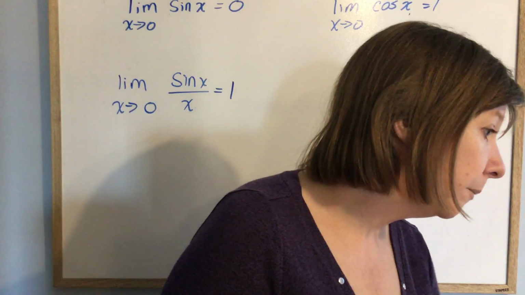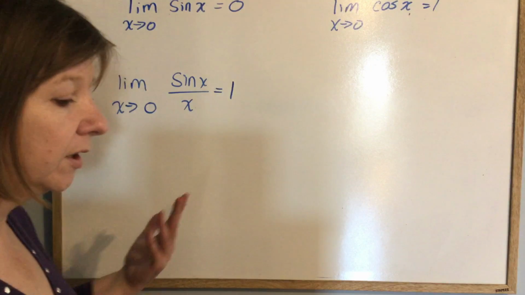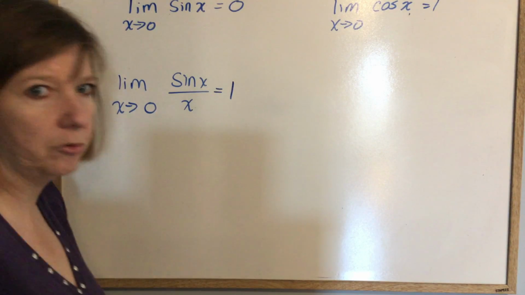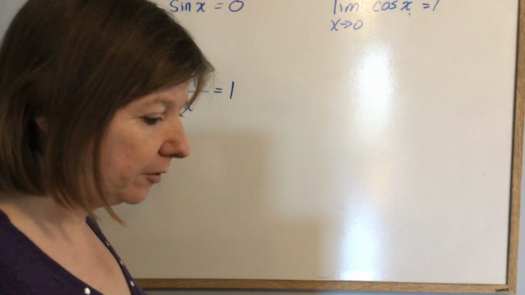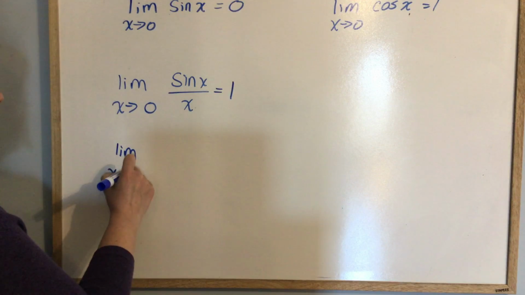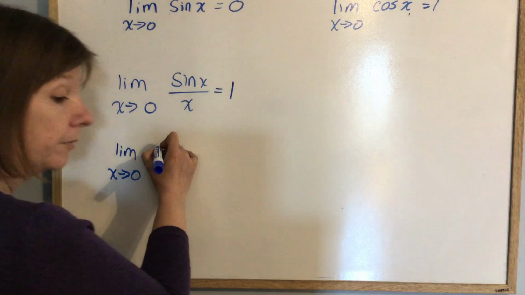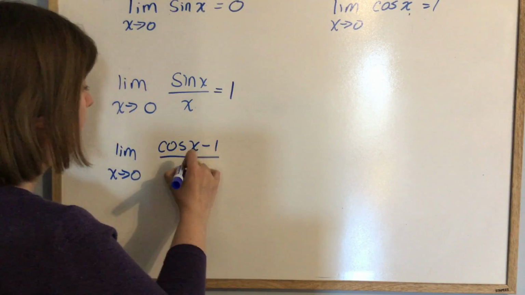In example 1, they give you another limit, and really all they do is a table of values to prove it to you. That's all they're doing. So I don't bother to do it. They give us a limit as x approaches 0 for cos x minus 1 over x.